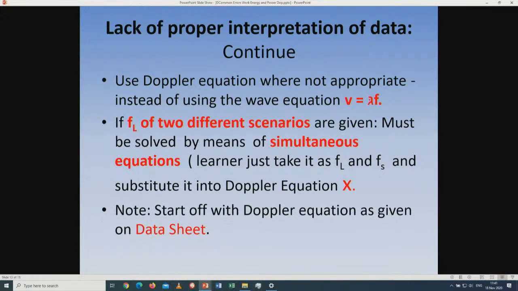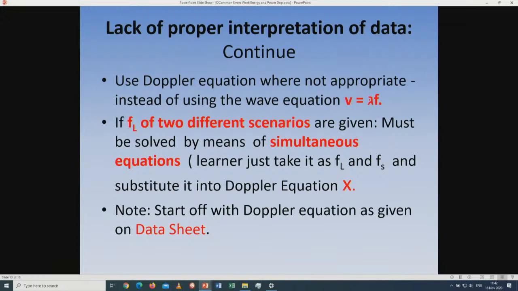Right. Note please, start off with the Doppler equation as given on the data sheet. If you start off with the derived formula, where you interpret that the source is moving towards the listener, and you derive that formula from the initial formula on the data sheet, and you make a mistake, you lose that mark.